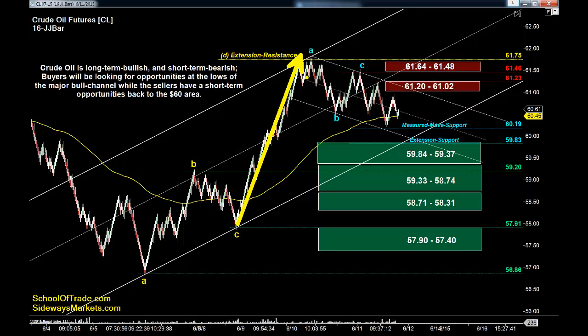The only way it goes higher now is until it entices a few more buyers. So the buyers are fully committed up here to 62, 61.75. Chips are on the table, they're all in the middle. So now the only way for those buyers to continue pushing higher is two ways. One, they've got to take their profit and then buy it again.